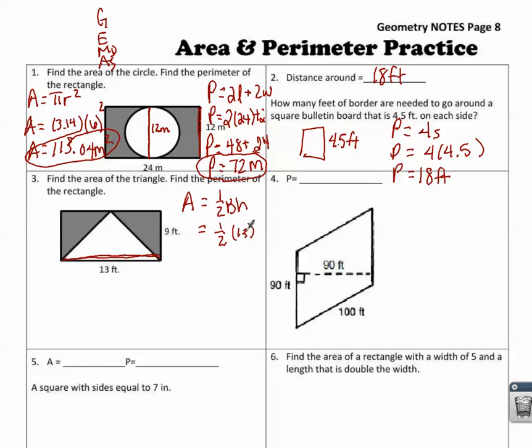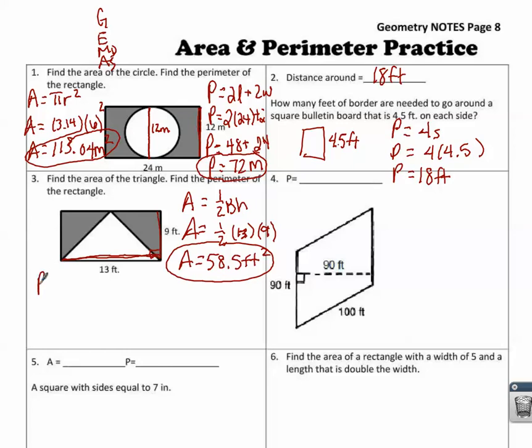And remember, your height is straight up from the base, it creates a 90-degree angle, is 9. So you could say 13 times 9, to get 117, and take half of that, and you get 58.5 feet. It is area, so it is feet squared. Circle your answer.